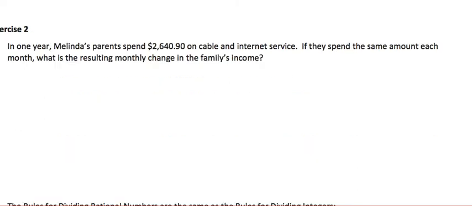Exercise 2. In 1 year, Melinda's parents spend $2,640.90 on cable and internet service. If they spend the same amount each month, what is the resulting monthly change in the family's income?